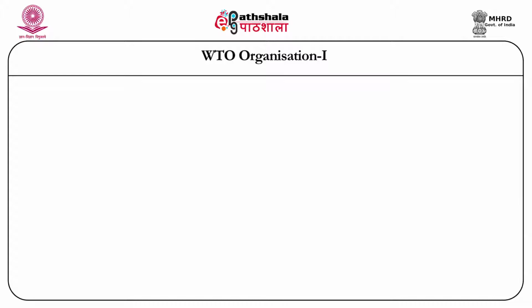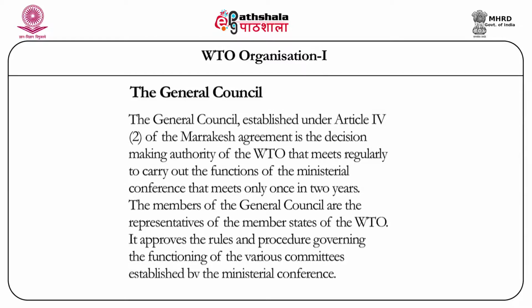Now we would understand the General Council. The General Council, established under Article 4 Para 2 of the Marrakesh Agreement, is the decision-making authority of the WTO that meets regularly to carry out the functions of the Ministerial Conference, which meets only once in 2 years. The members of the General Council are the representatives of the member states of the WTO.